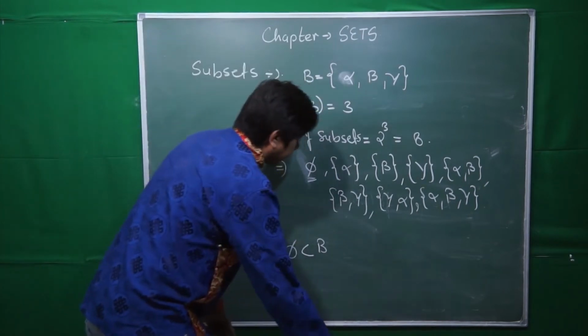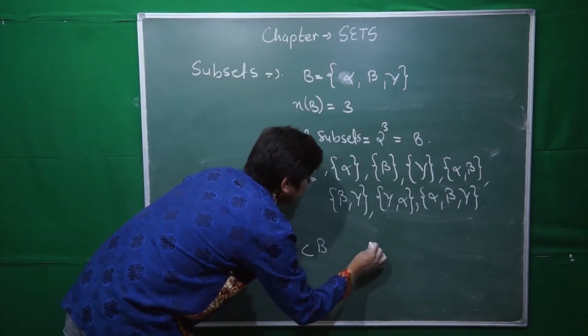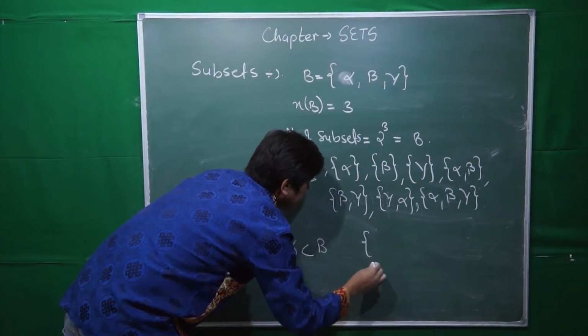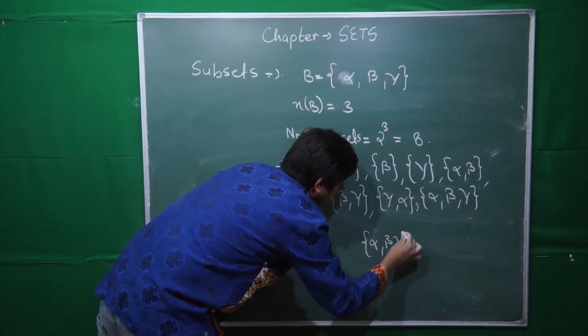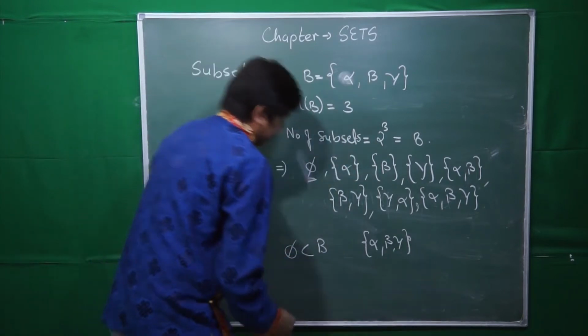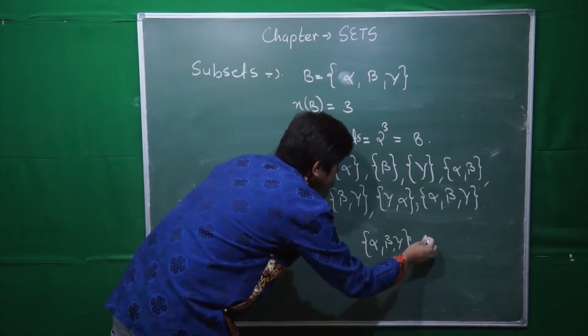Therefore, we can write that this set alpha, beta, gamma is not a proper subset of B.